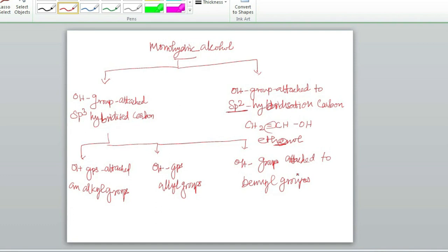Commonly, alkyl alcohols are classified as primary, secondary, and tertiary alcohols.